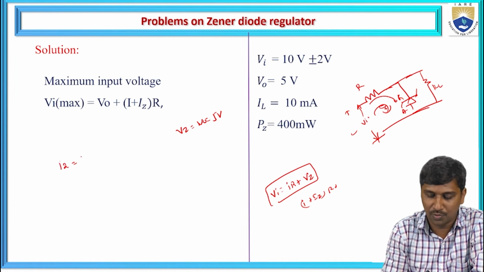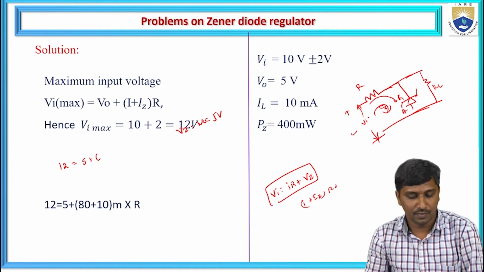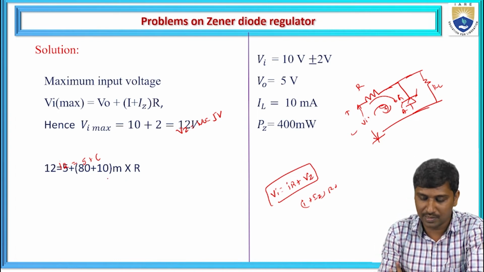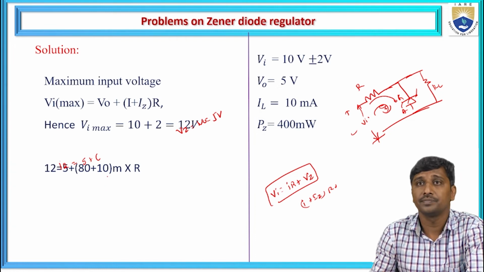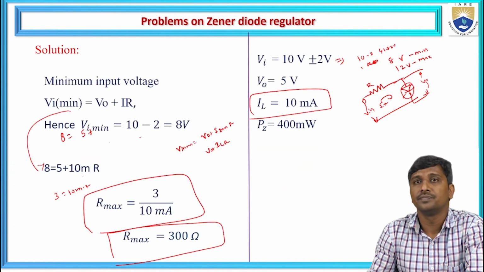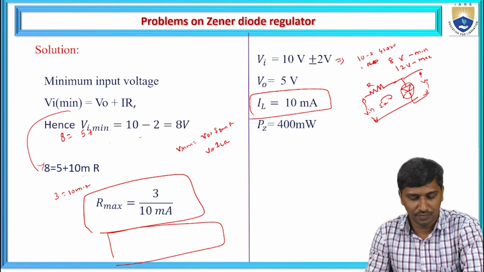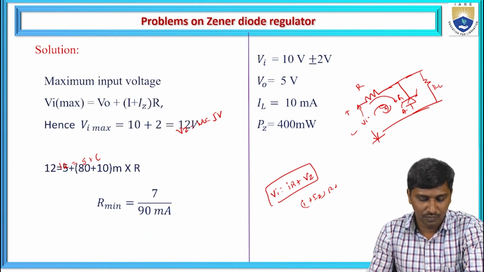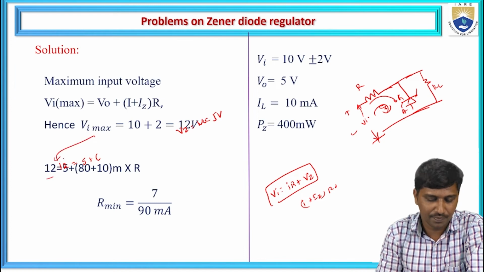That is equal to V naught, which is 5, plus I plus IL, and now we need to substitute I. So here VI maximum is 12.